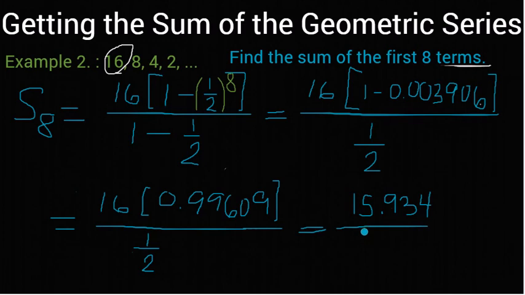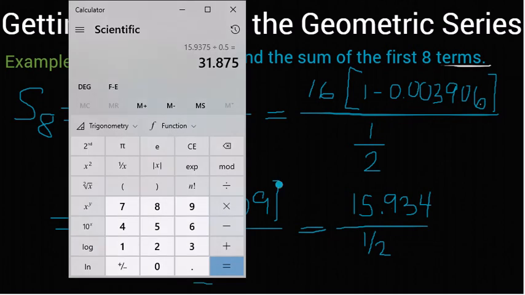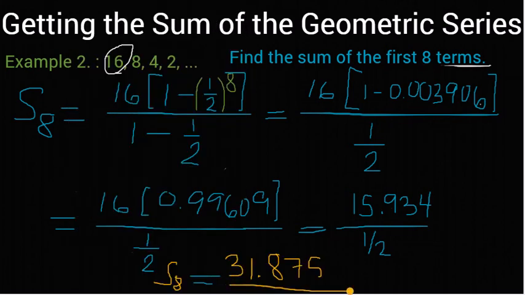So I have the answer for that one. This is now the sum of the first 8 terms. I'm sorry for the space, it's so small. So this is now our answer.